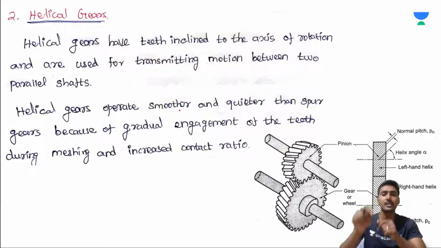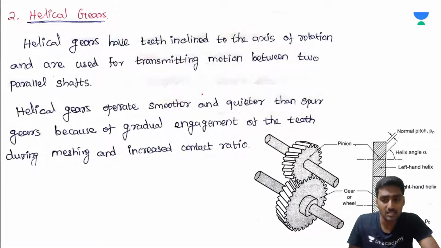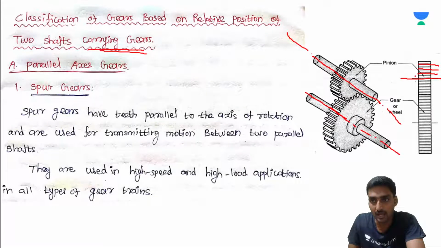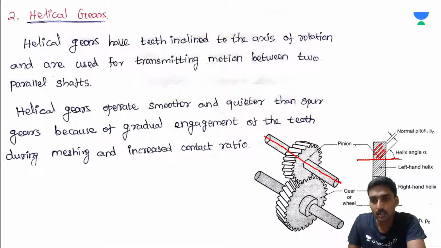But in helical gears, the shafts are parallel, but the gear teeth are inclined to the axis. If you consider this axis, look at these gear teeth. In the previous one, they're parallel to the axis. Here, gear teeth are inclined to the axis.